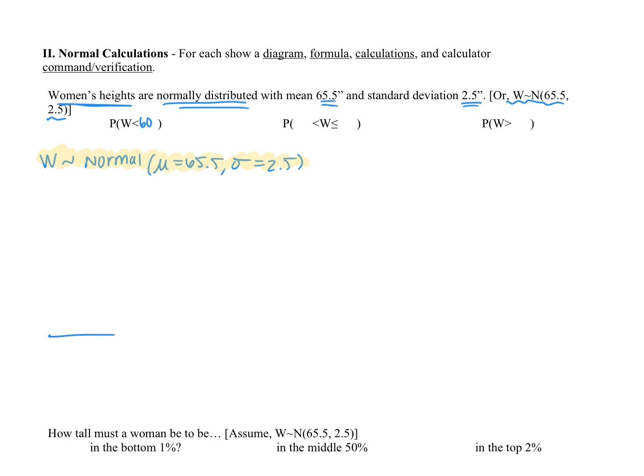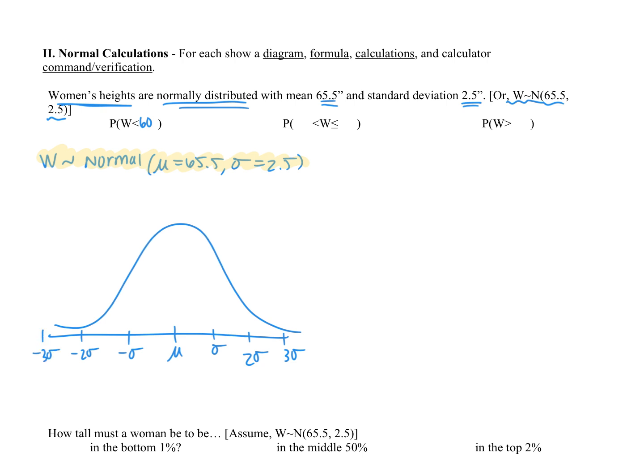Okay, so besides writing that out, we're going to draw our figure. So I told you we're always going to start with mean, standard deviation, 2, 3 standard deviations. We'll go 1 below, 2 below, 3 below. Now, we know that the mean from the problem is 65.5, and we're going to add standard deviations up and below.